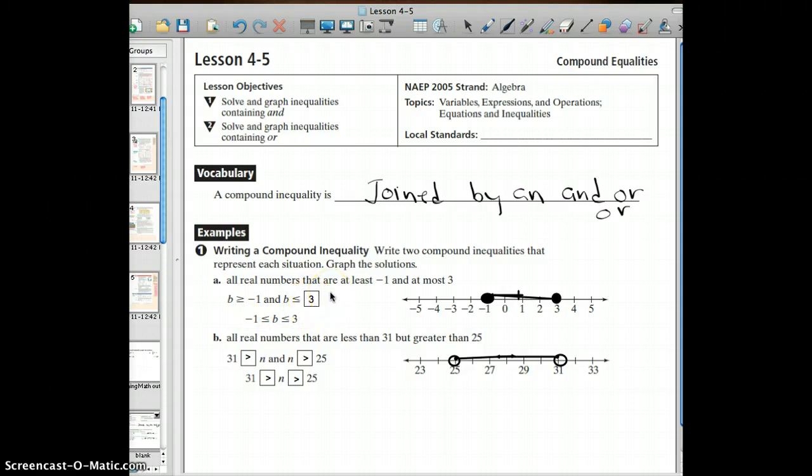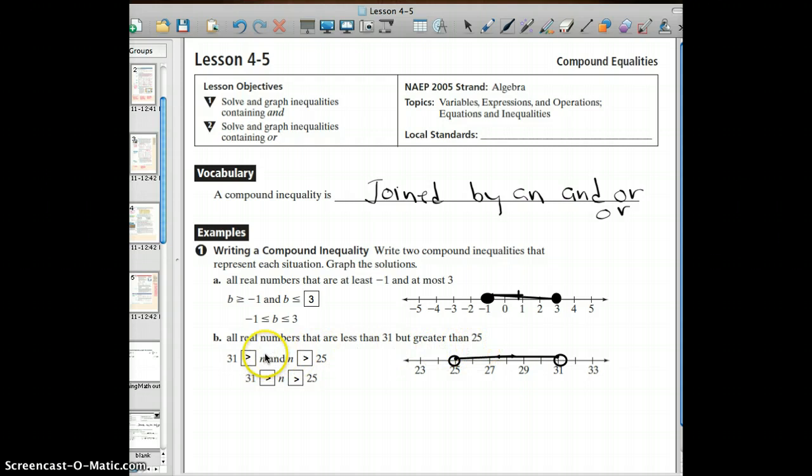Let's look at another example of a compound inequality. Again, these are just two inequalities that are graphed on the same number line, and they're joined by either an "and" or an "or." This is another "and" situation here. We want to look at all real numbers that are less than 31 but greater than 25.